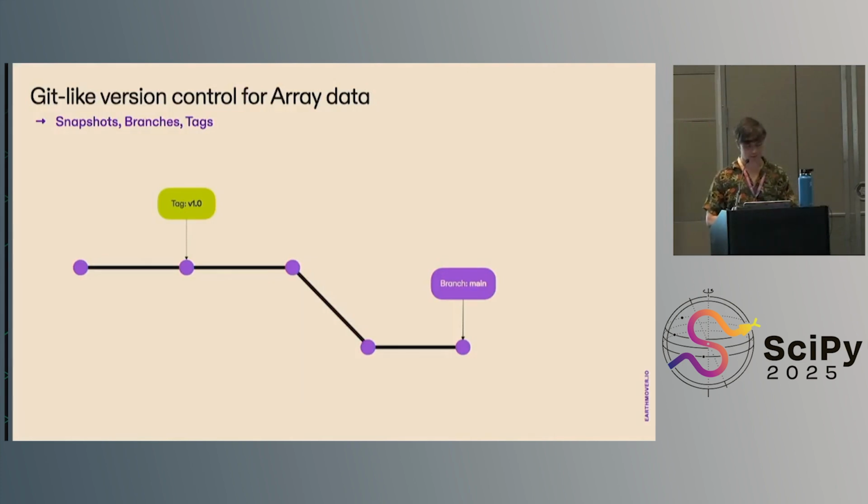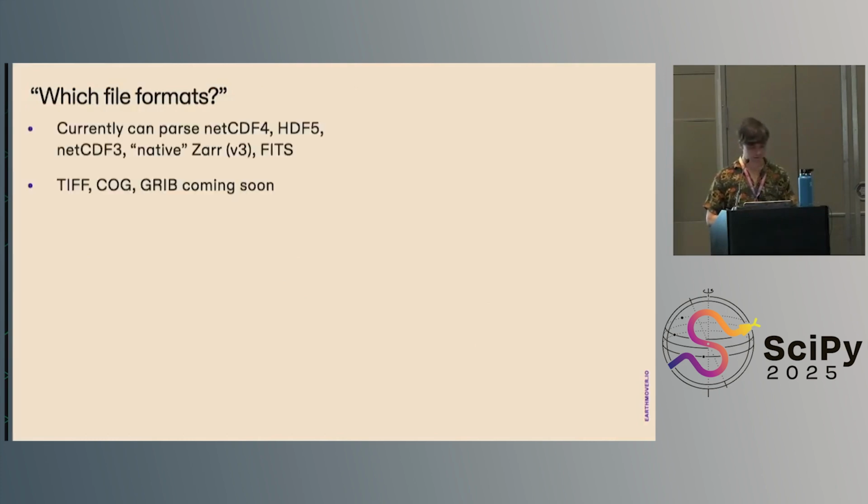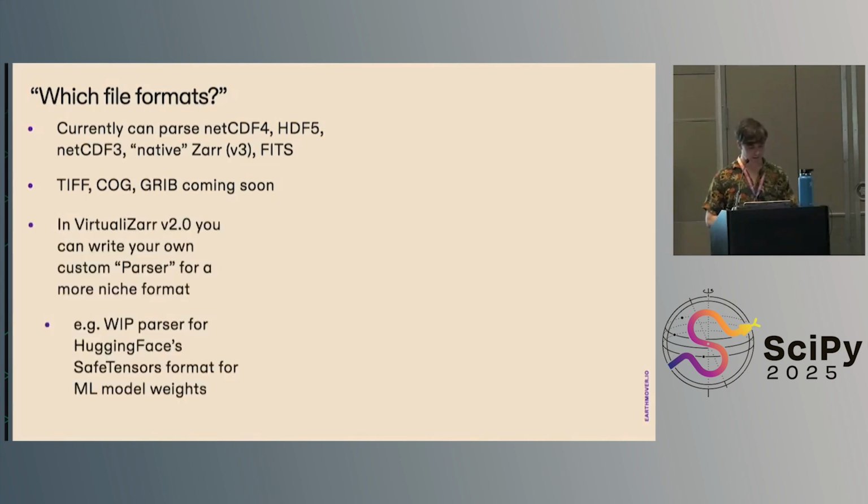The example I gave was netCDF, but what other file formats could we do this with? So currently VirtualiZarr understands a few different file formats and some other important ones coming soon. But actually in VirtualiZarr 2.0, we have a very general framework for writing your own custom parser for a more niche format if you want to support it.